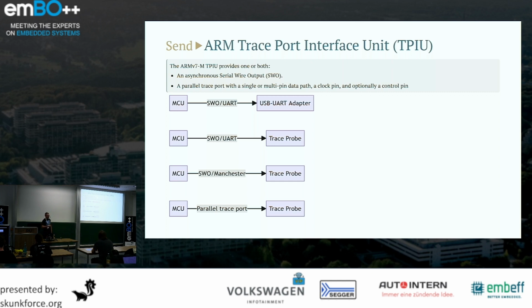But if you would like to trace some simple application at 1 or 2 megabits per second, you can go with a cheap USB UART adapter, and you don't need to buy a J-Trace or Orbtrace or anything like that. Of course, you can use a dedicated trace probe with higher bit rates, or support for Manchester or parallel trace port to get higher bit rates, and that's probably something you would like to use for a more complex application that outputs tons of data per second.